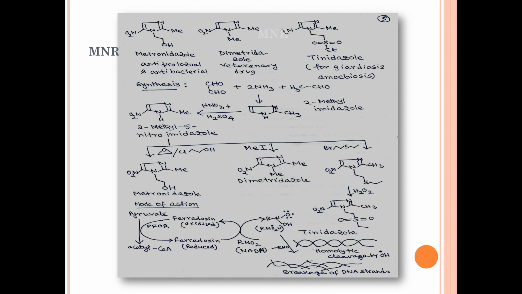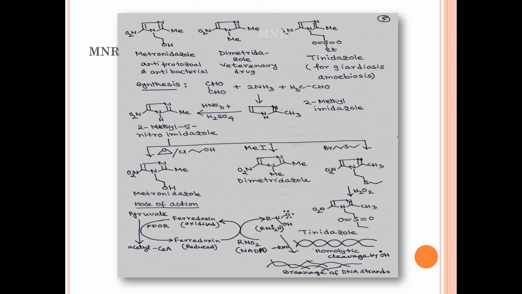Only because of this variation, one molecule is metronidazole, the second is dimetridazole, and the third is tinidazole. They are all DNA nicking and binding agents. Already we have discussed DNA, but they interact with the DNA of microorganisms and have the capability to cut or break it.